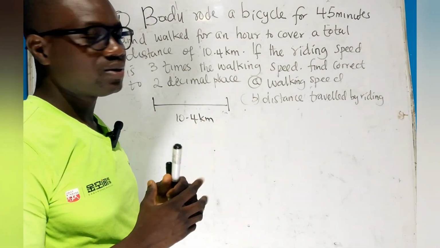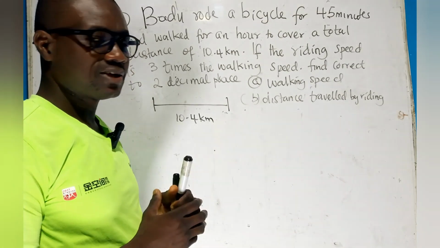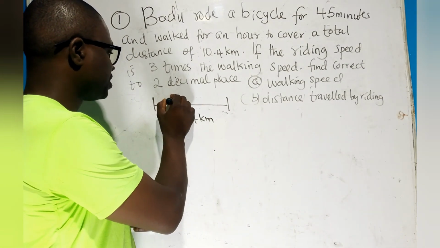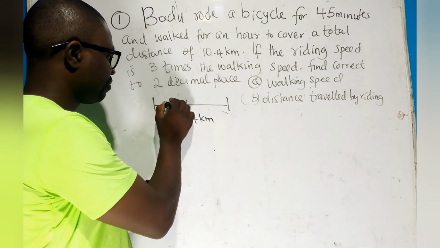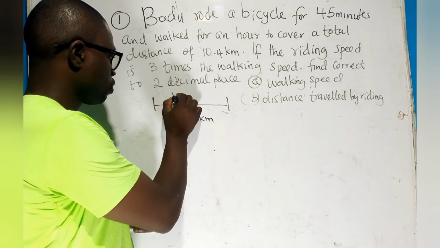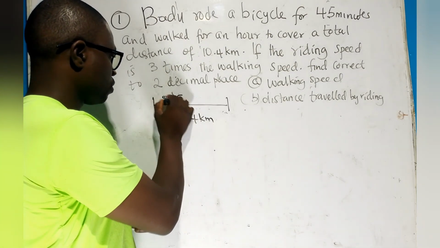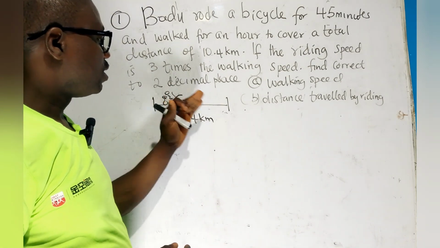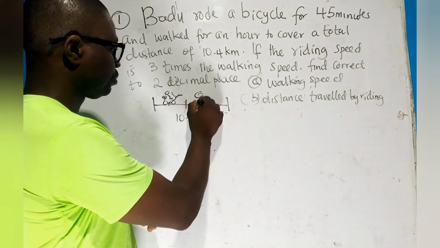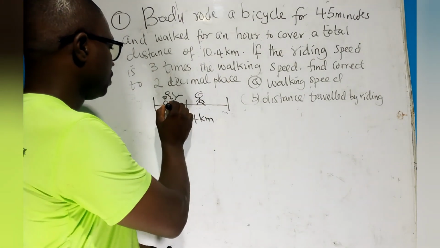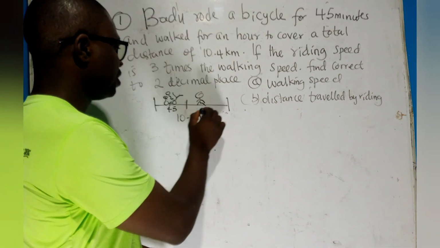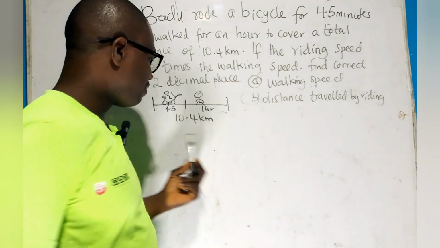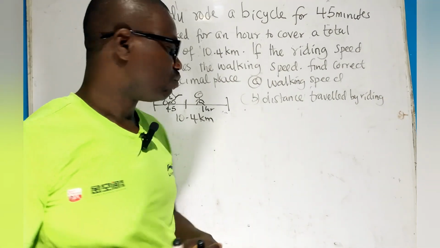The first one was by a bicycle. So it took 45 minutes by bicycle. So let me draw a bicycle here. And then he also walked. 45 minutes riding and 1 hour of walking to cover the distance of 10.4 kilometers.